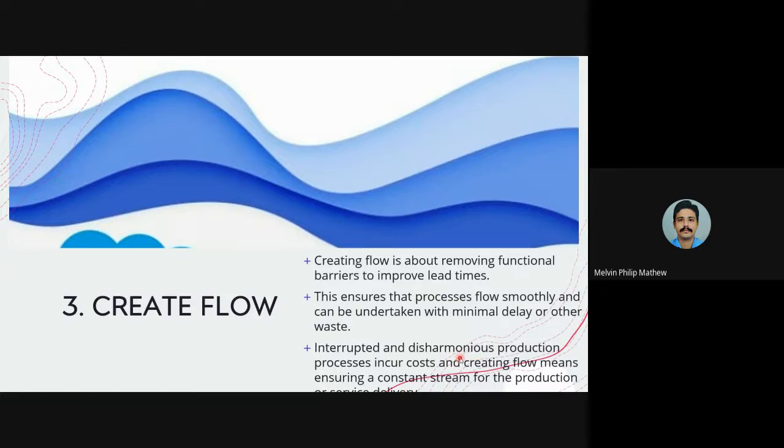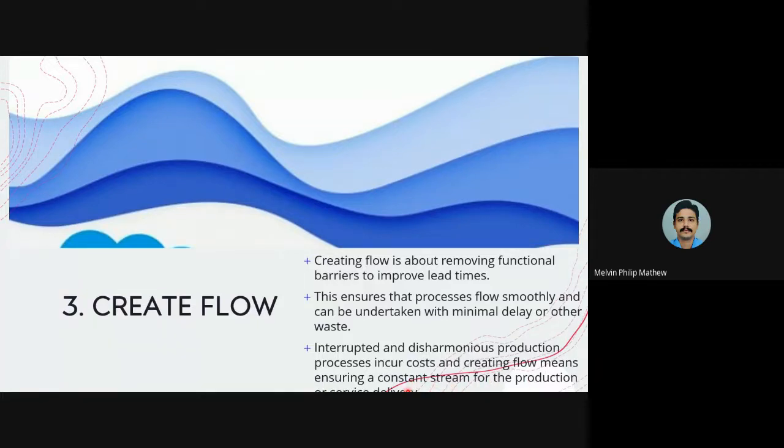So there is no flow there. If there is such a production process, then the cost incurred during the production, or the holding cost at the inventory, all create an interrupted flow, and the cost incurred will be very high when compared with lean manufacturing, wherein we create a flow that ensures a constant stream for production or service delivery.